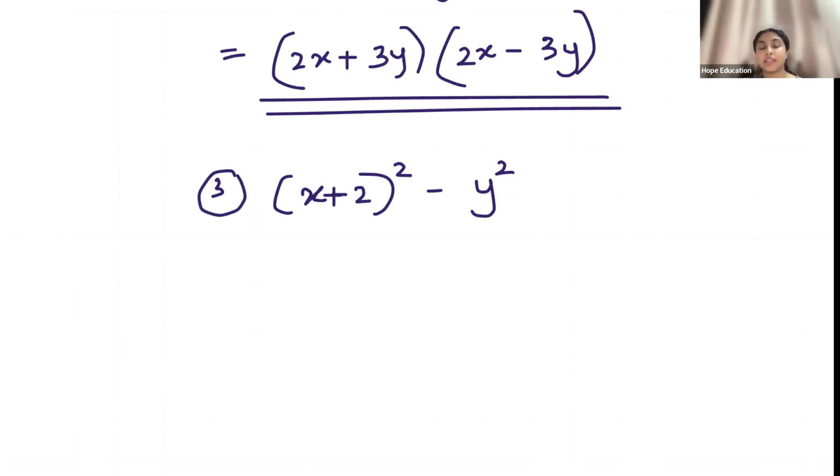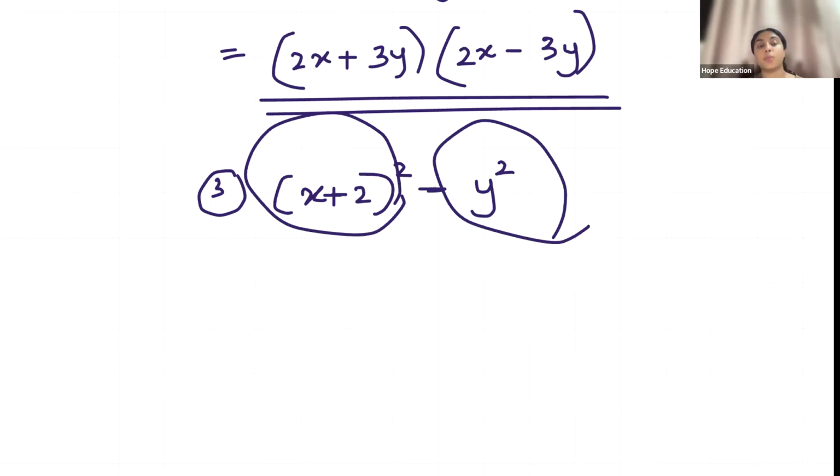Yes. Why? Inside the bracket there may be a lot of different elements, but it's still a square term. If we take the first one, it's a square term, and this is a square term. Then there is a minus in the middle, which means it's a difference. So this is the difference of two squares.